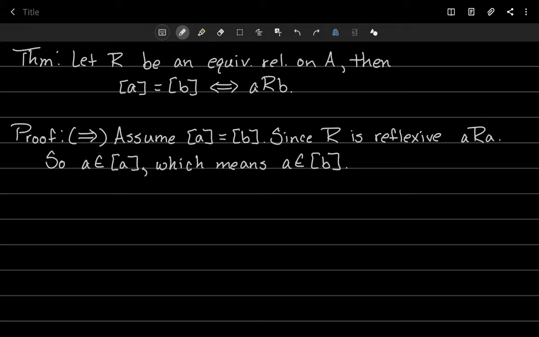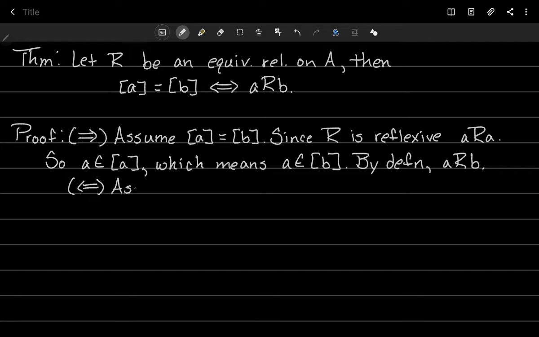The actual definition was all things that are related to B. So by definition, we have A related to B. Which, look, that's exactly what we wanted to prove. That was the conclusion we wanted. So we've shown one direction. That's the easier direction. Neither direction's too bad, though. Okay, so let's go the other way.